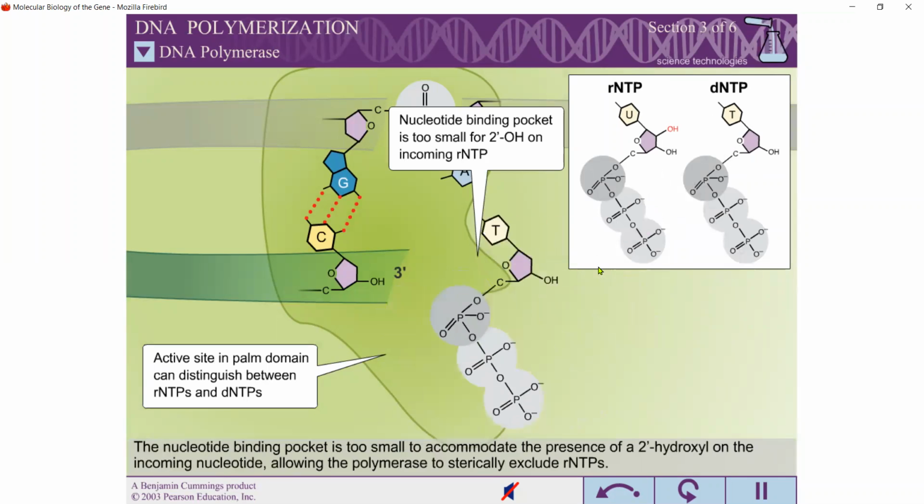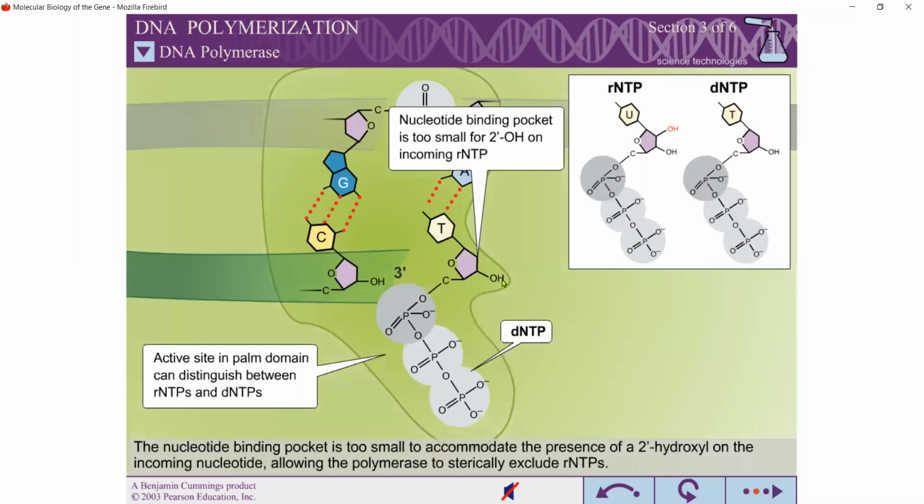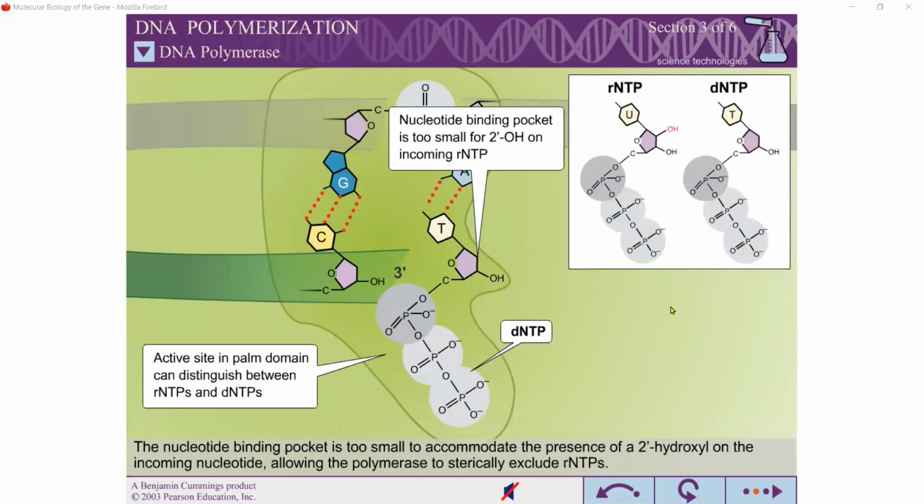Automatically, it is released and only a DNTP can come and sit properly into the channel. So polymerase first ensures that during DNA polymerization, by mistake, a ribonucleoside triphosphate is not added. Once it has ensured that only DNTP are added, then it proceeds to the next step.